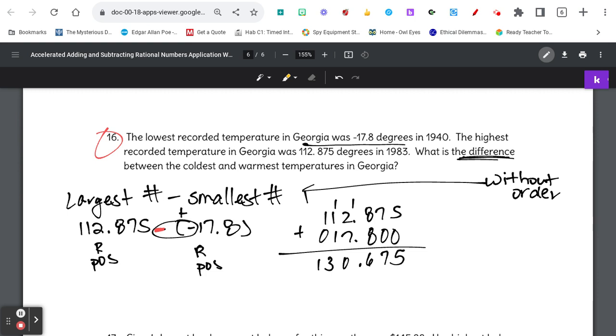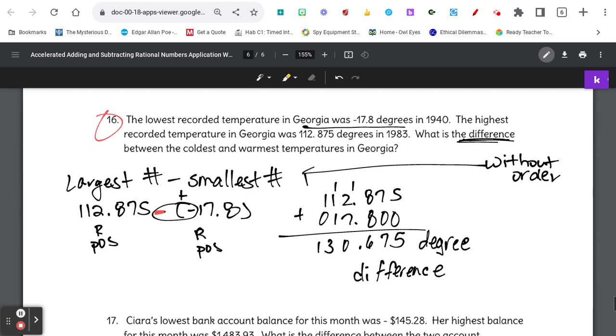So that's going to be 130 and 675 thousandths degrees. And this is the entire difference between the coldest and warmest temperature. Or I should put difference in degrees. That will look better.